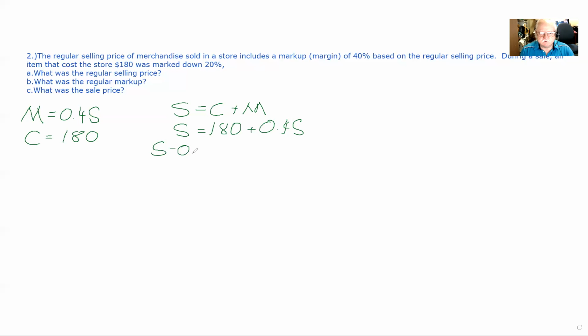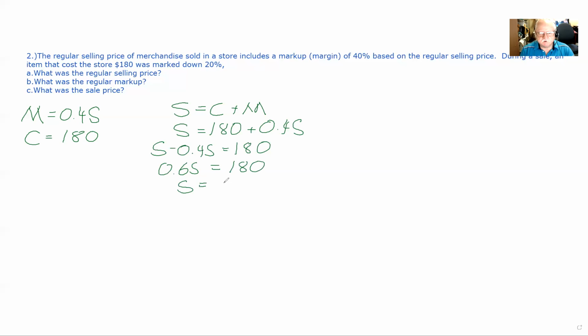S minus 0.4S equals 180. Now we have to remember there's an invisible 1 right here. So 1 minus 0.4 is 0.6S, still equal to 180.